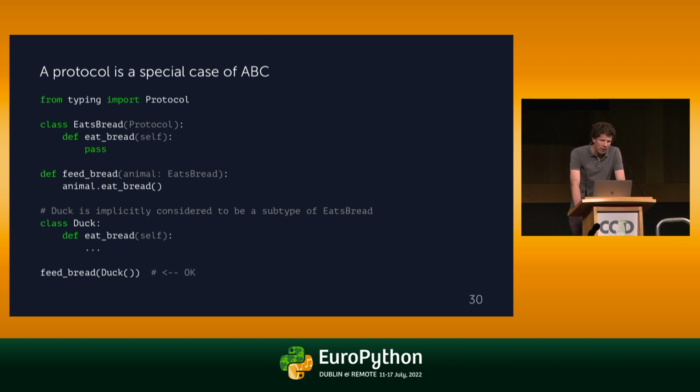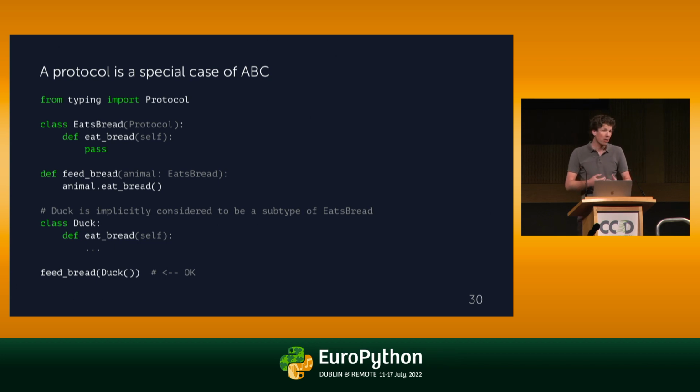Now, when we define a class called Duck that has a method called eat_bread, then this is automatically and implicitly considered to be a subtype of EatBread, but only when type checking. So this class Duck is automatically a subtype of the protocol that defines what the classes that adhere to this protocol should look like.